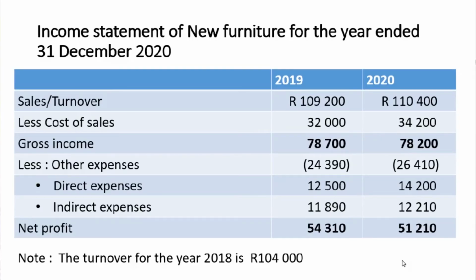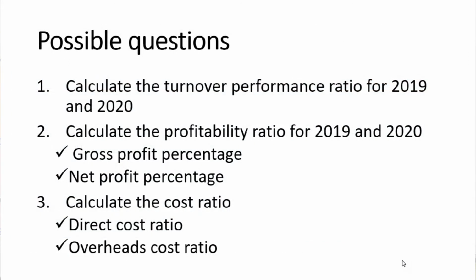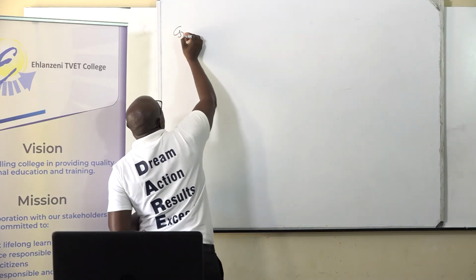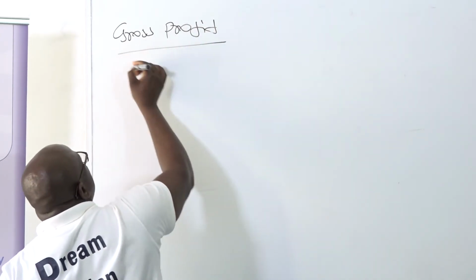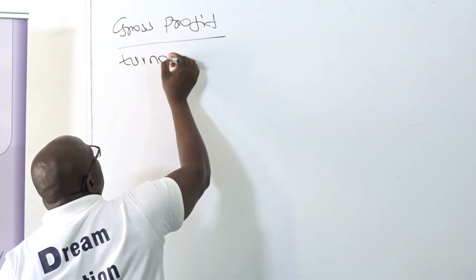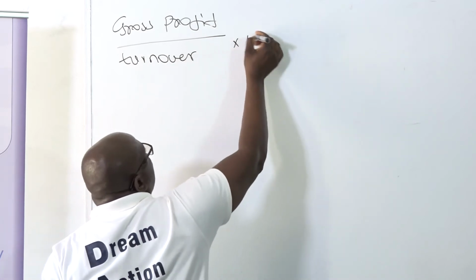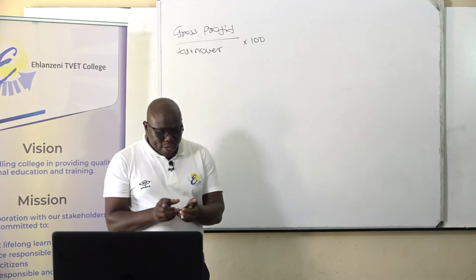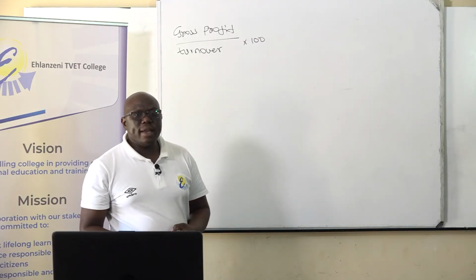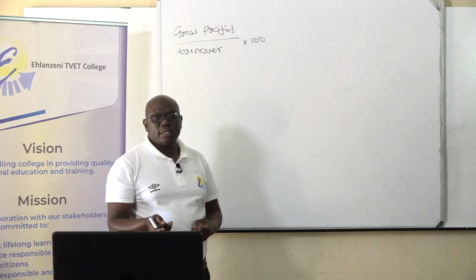And then going forward, let us calculate using the profitability ratio. Calculate the gross profit percentage. The formula says the gross profit divided by our turnover, and you multiply by 100. Then let us look at our income statement.